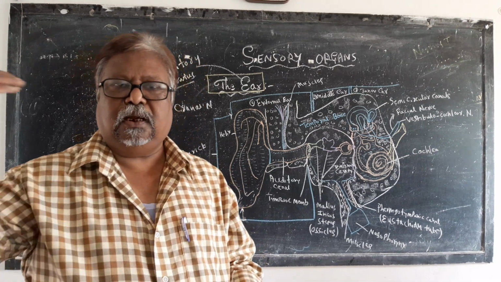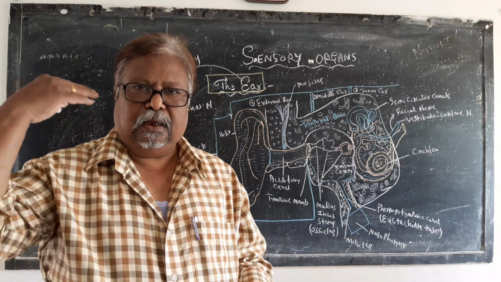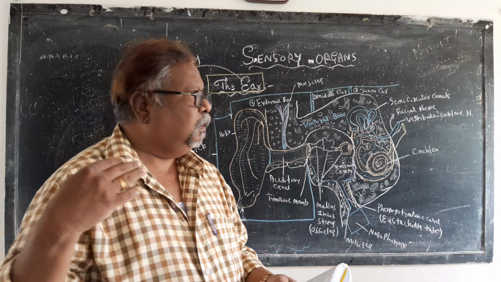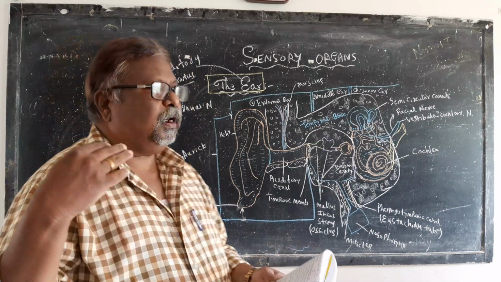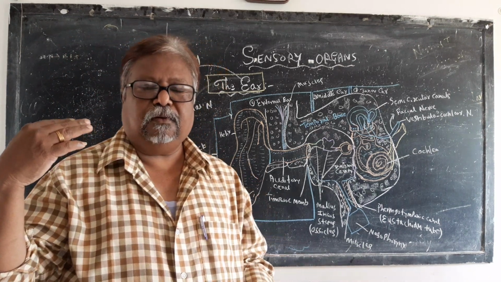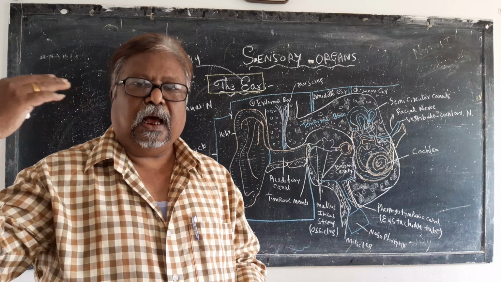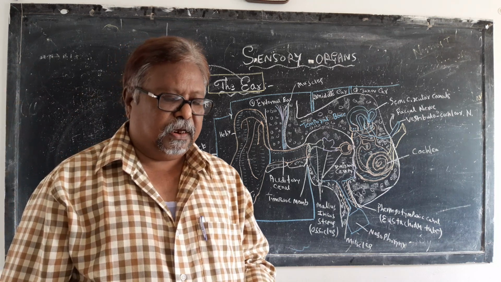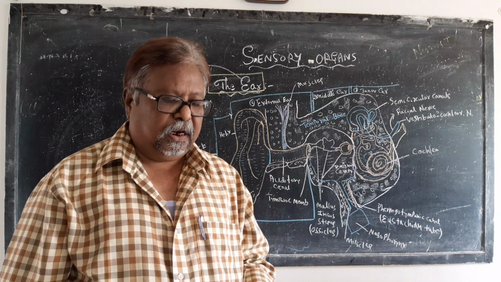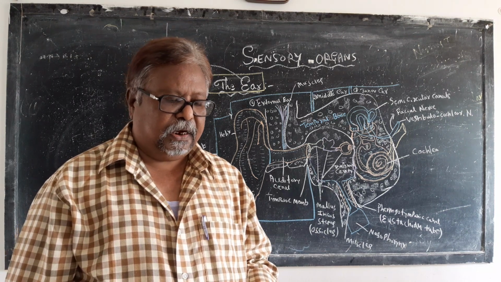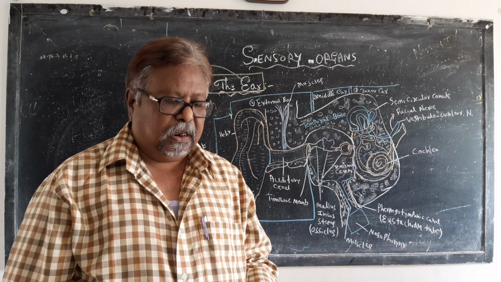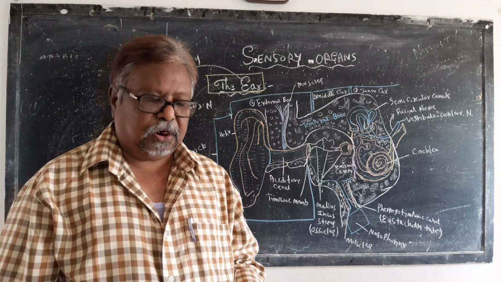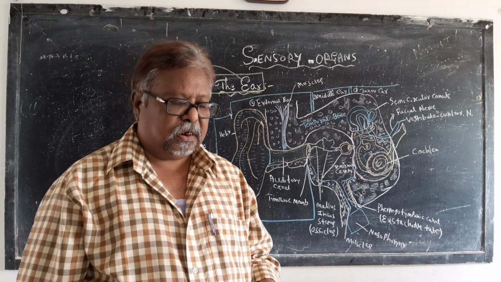When the sound comes inside the ear, it first enters through the external ear. As soon as it enters, the 8th cranial nerve present inside transmits this information to the brain to recognize the sound.